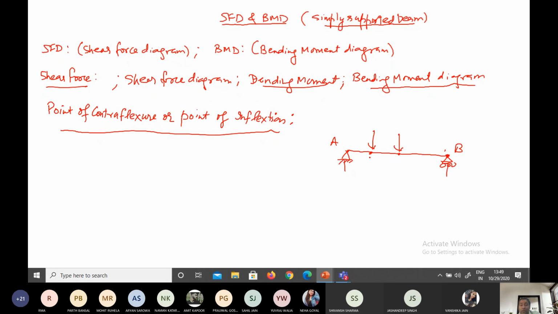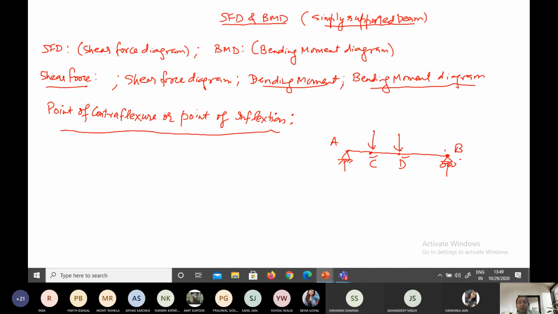Say this point is C, this point is D. When we draw the bending moment of the whole beam, if the bending moment at points C and D is zero, except at points A and B, then that point is called a point of contraflexure. If the bending moment is zero at point A or at point B, then it is not called a point of contraflexure.